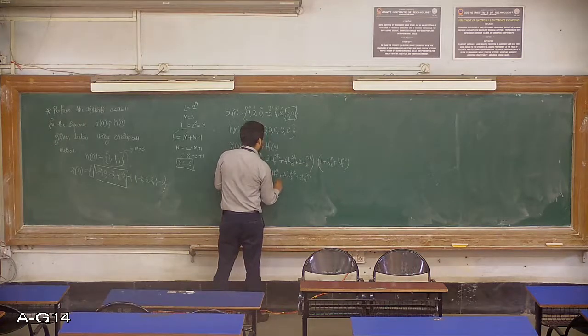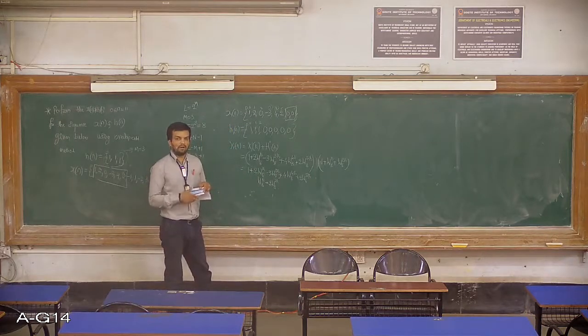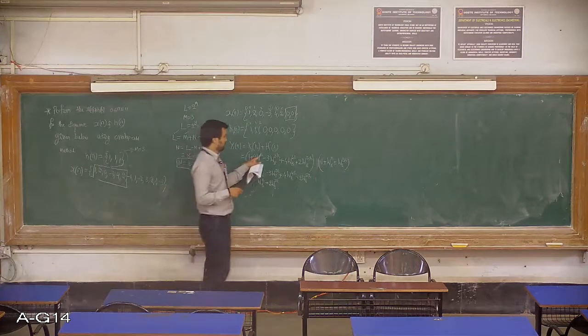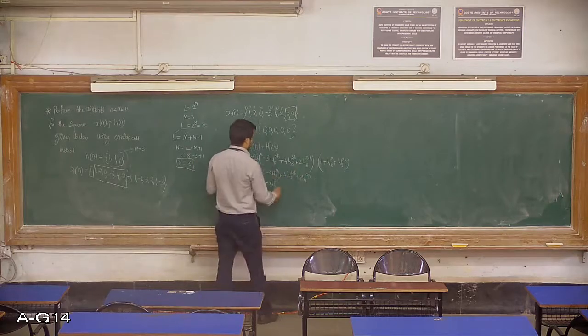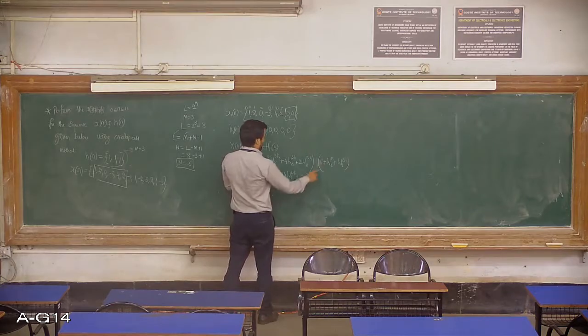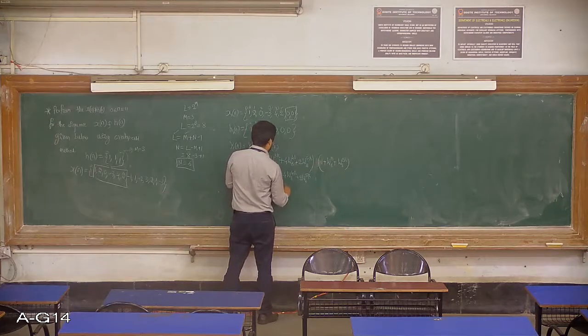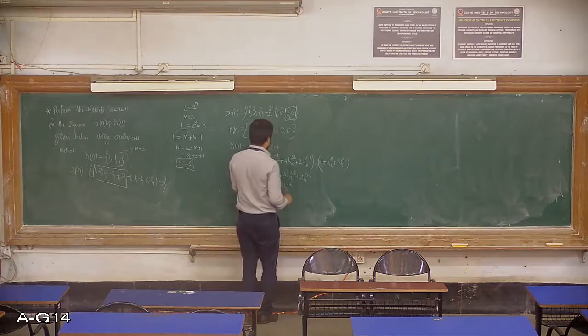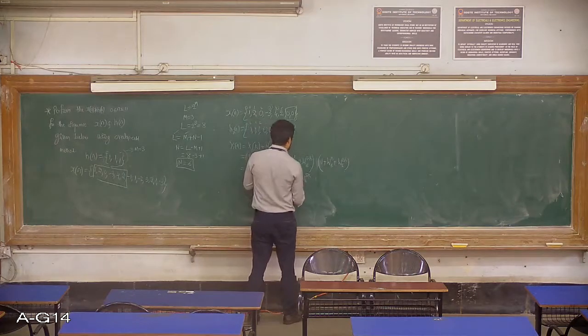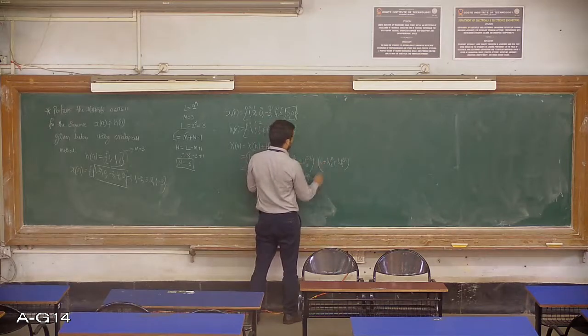Remember, it is the addition of the orders. So k plus k, 2k, plus minus W8 of 3k plus k, 4k. So minus 3 W8 of 4k plus 4 W8 of 4k plus k, 5k.